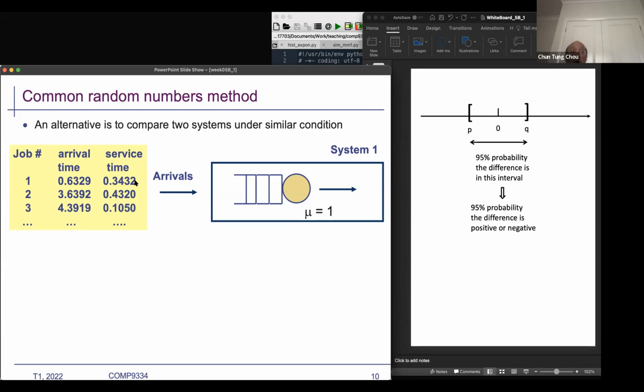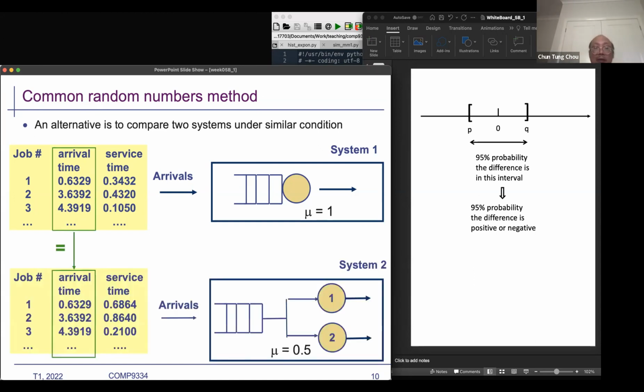Now, but when I simulate the M/M/2 system, I'm going to do things differently. If you look at it, for these 2 systems, the difference is there are 2 servers, and they have different rates. But you can actually send exactly the same jobs to these 2 systems, and that's what we try to do.